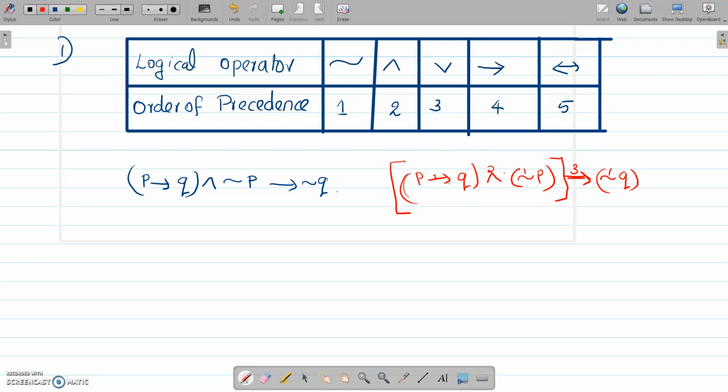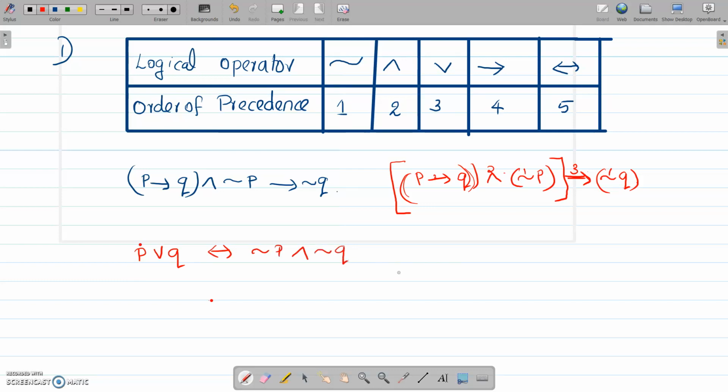This is already given in bracket form, so no need to rewrite that. Next we have to consider P or Q, the biconditional statement, negation P and negation Q.